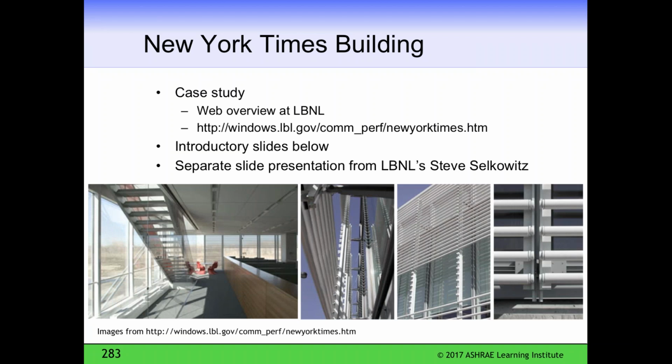You're seeing some pictures of the building as built, and this building uses a lot of glass, but it effectively uses some very good external shading strategies to minimize the solar gain on the window surfaces.